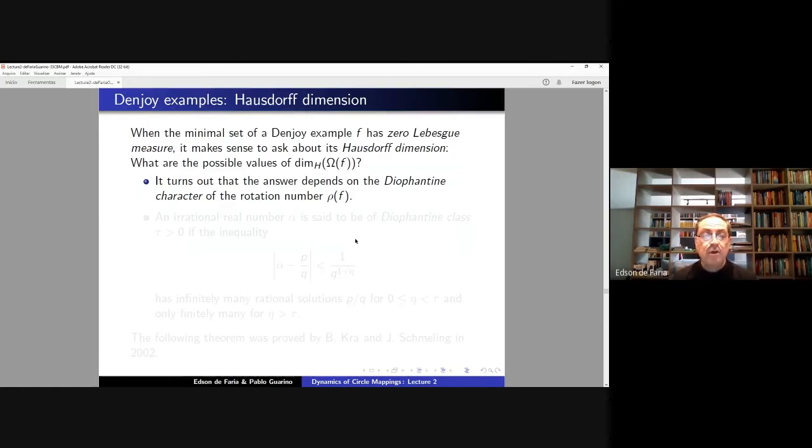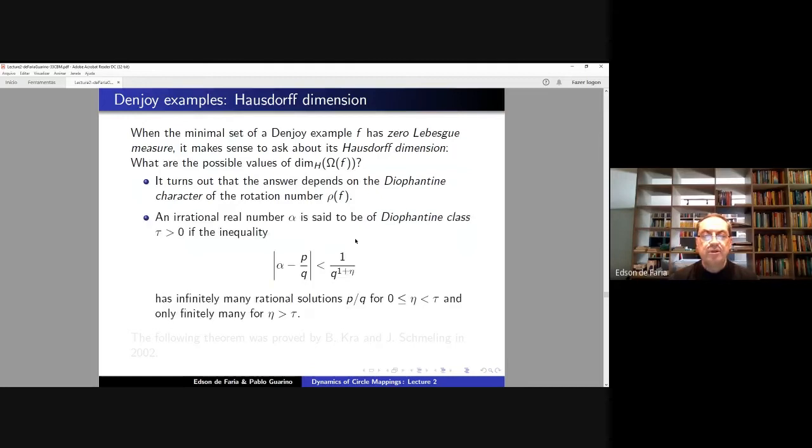So let me remind you of what Diophantine means. This was explained by Pablo in his first lecture, but here I'm going to state it in a slightly different way. We say that an irrational number alpha is of Diophantine class tau if the following inequality has infinitely many solutions if eta is less than tau, and only finitely many solutions if eta is greater than tau.